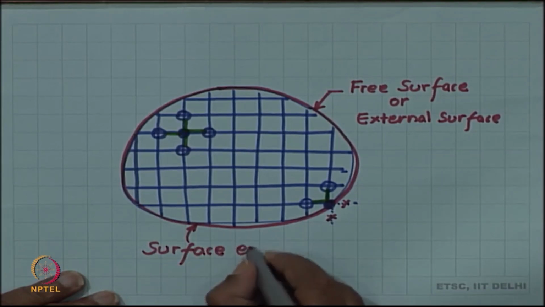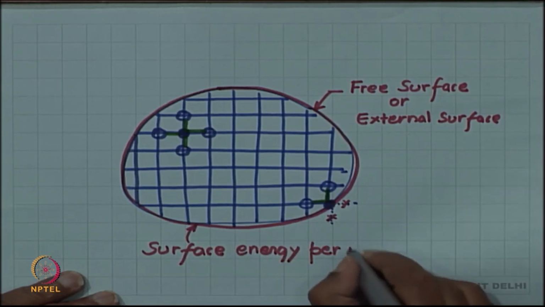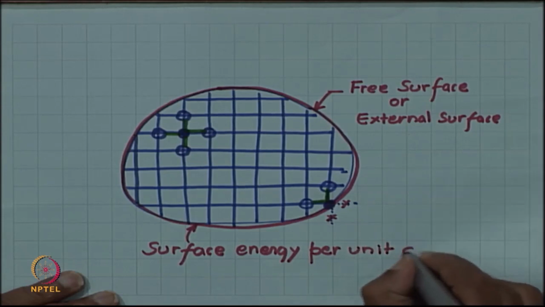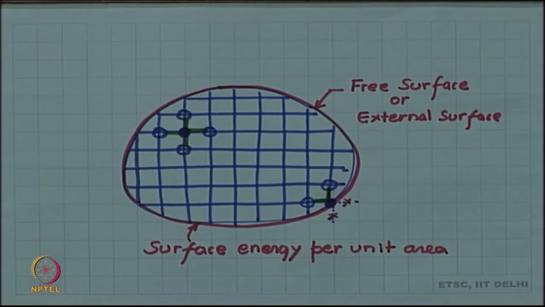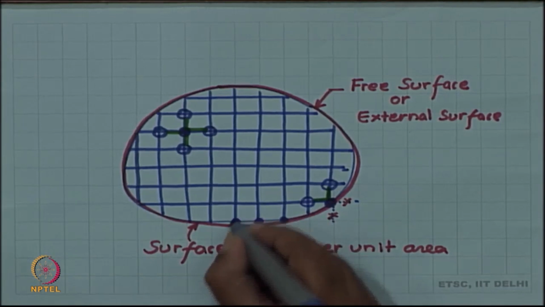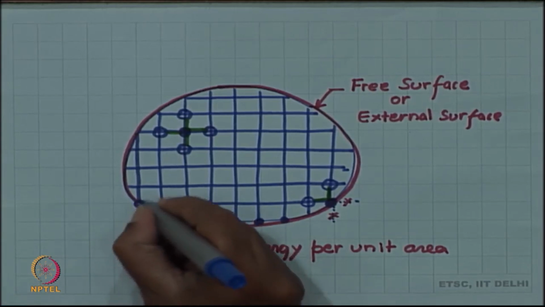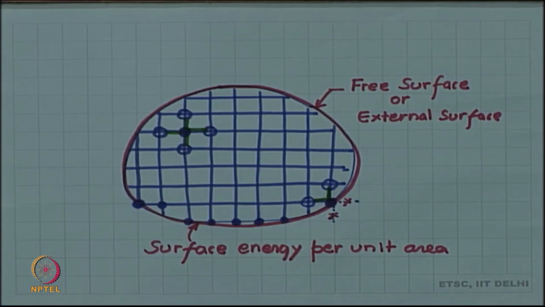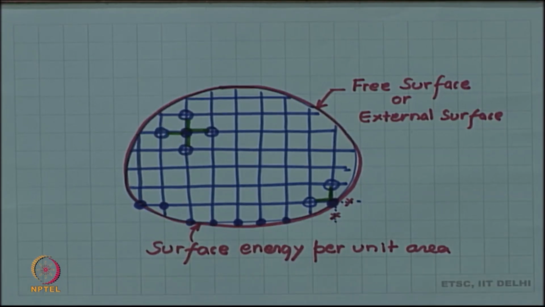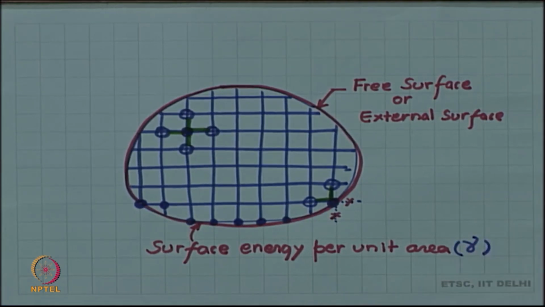So, this will have a surface energy per unit area of the crystal. All the atoms which are sitting on the surface have lost a certain number of bonds, and that is what is giving the extra energy to the surface. So, surface energy per unit area, we will use the symbol gamma for this quantity.